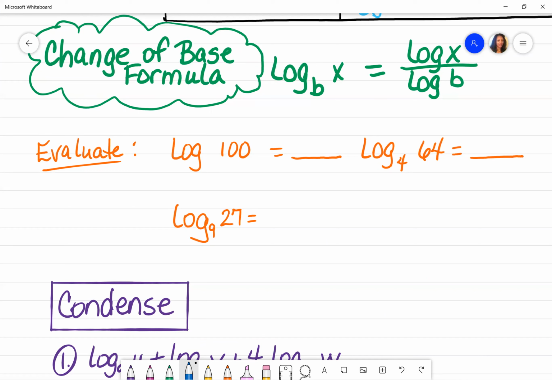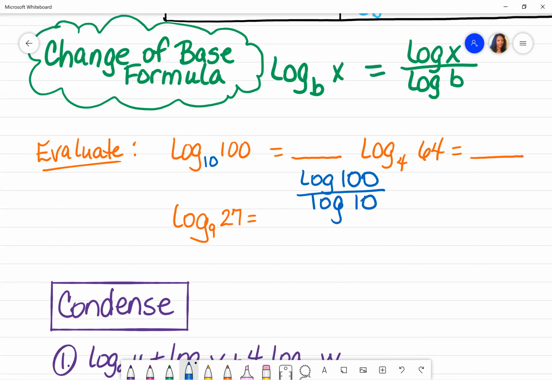If we're using this change of base formula, the way this would be set up is, and let me just go ahead and rewrite that because then it will make more sense. The bigger number that's right next to your log, that's going to be your numerator. So when you rewrite this, it's going to look like log of 100 divided by log of whatever your base is here. And like I said, if the base isn't given, it's understood that it's 10.